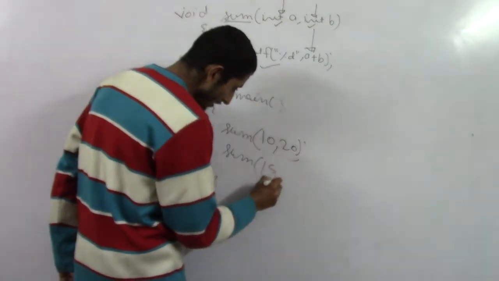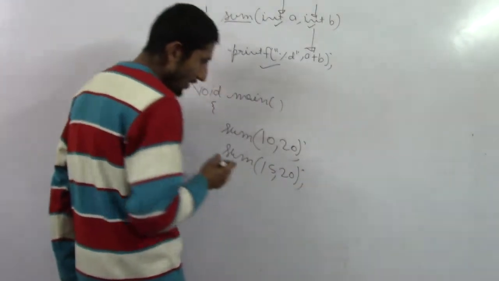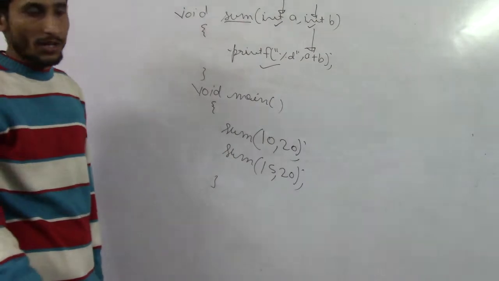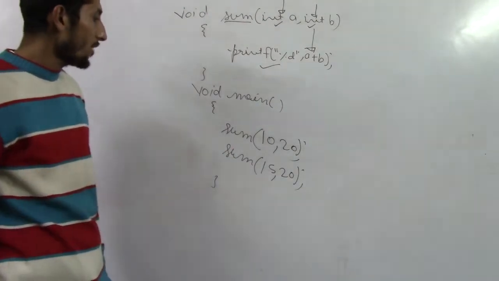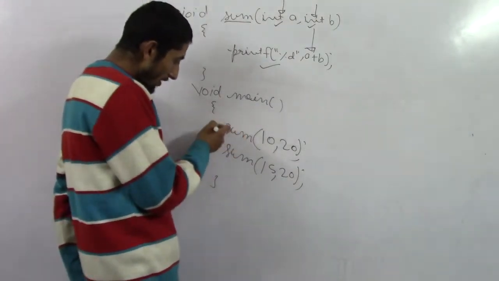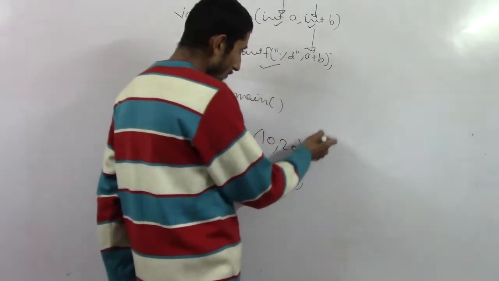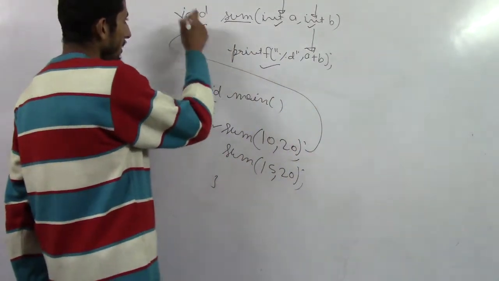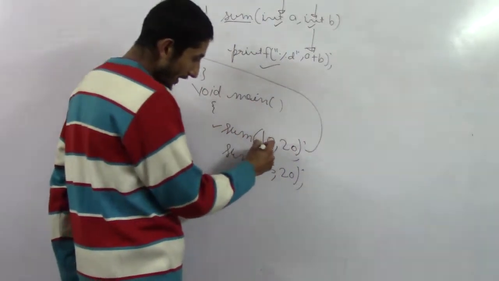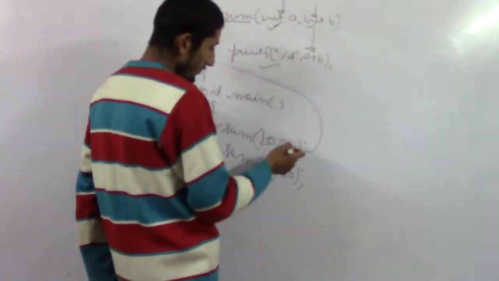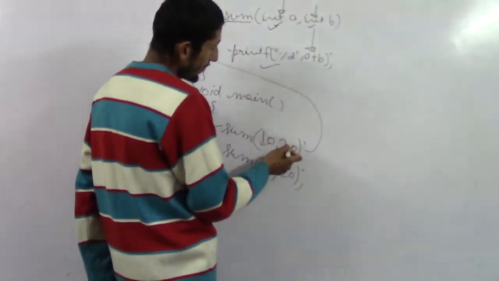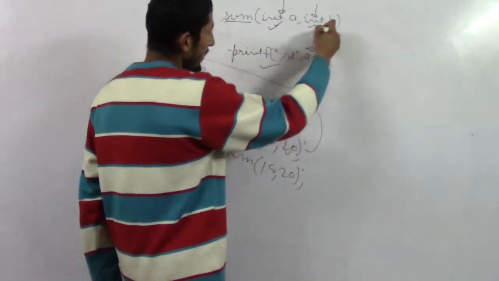In the last lecture, we discussed that a function can be called any number of times. So what is going to happen? The moment you call sum, the compiler control gets diverted from here to here, and this 10 will be copied to a, and this 20 will be copied inside b.